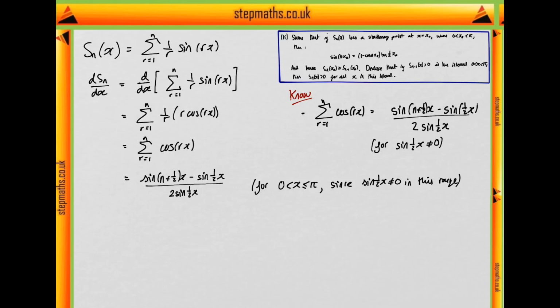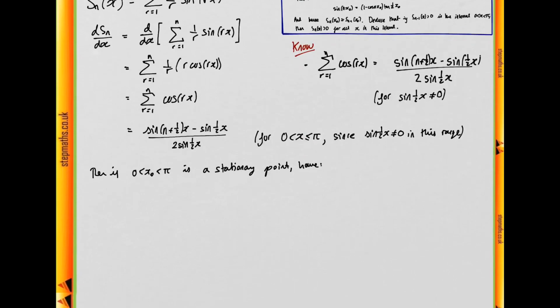Okay, so we want to consider a stationary point, x equals x0, where x0 is between 0 and pi. And therefore, if it's between 0 and pi, it certainly lies in this interval that we've specified here, so that we can conclude that since dSn by dx is equal to 0 at x0, we must have the numerator of this fraction equal to 0 at x0.